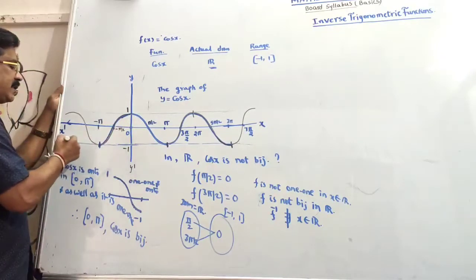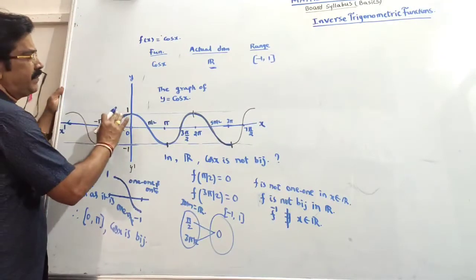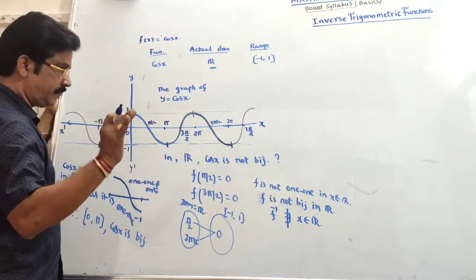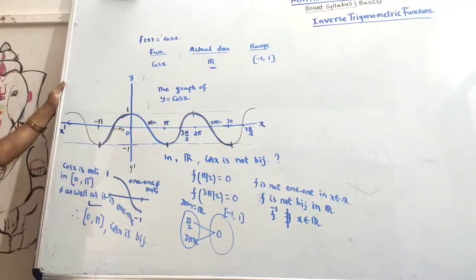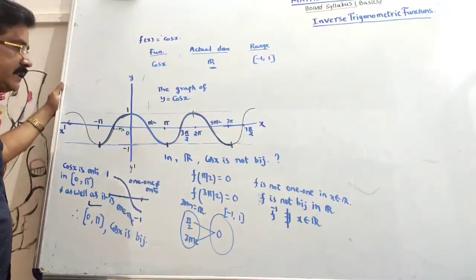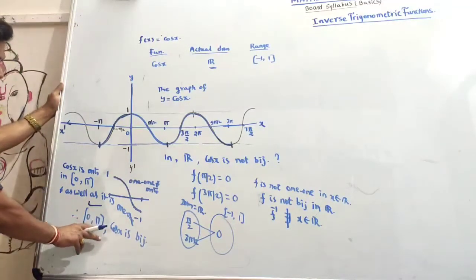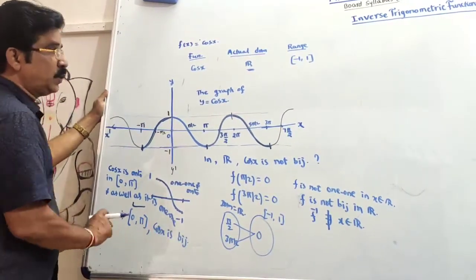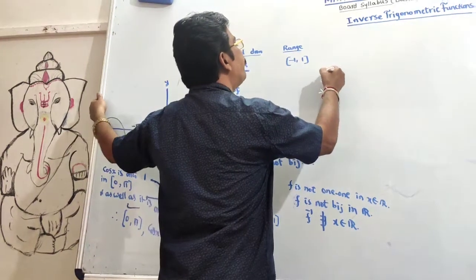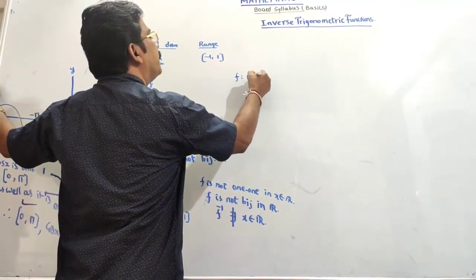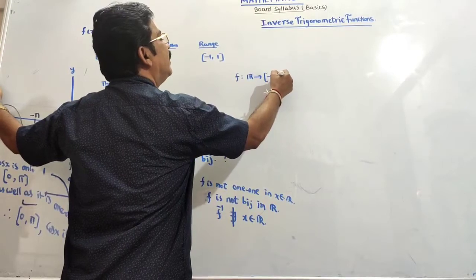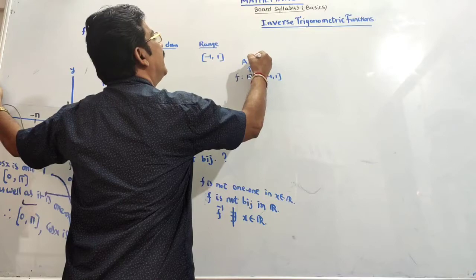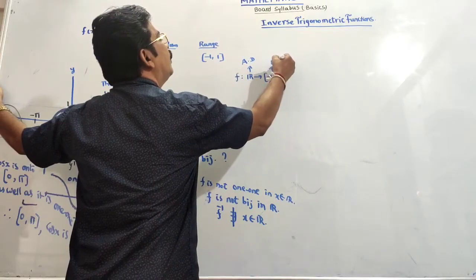So on the negative side also there are infinitely many intervals so that cos x is bijective, out of which the closed interval of 0 comma pi is the principal value branch. This is the main branch of bijective cos x. So what I am telling is f from capital R to the closed interval of minus 1 comma 1, where capital R is the actual domain and the closed interval is the range.